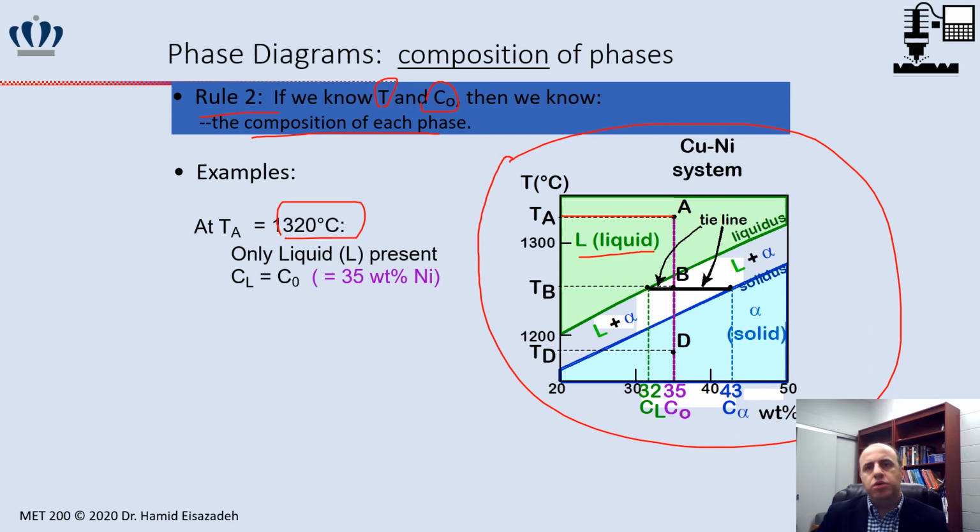If you draw one vertical line until you cross this horizontal axis, you can find the composition. The composition will be, as you see, 35 weight% nickel and 65 weight% copper.